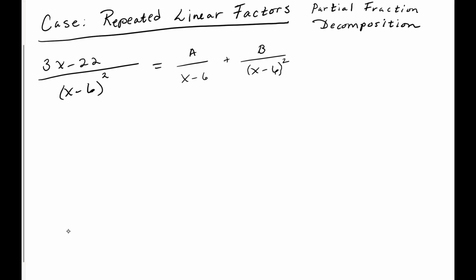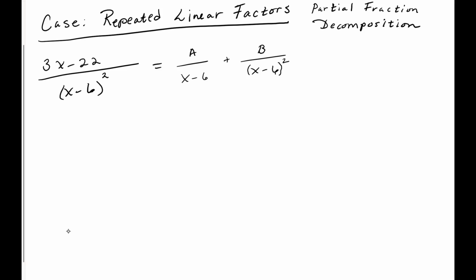So this was x minus 6, so the number on top is just A. If it was something like x squared minus 6, then this would not be A, it would be Ax, and then you'd have to add in another component, let's say C. But that's a story for another time. There's going to be another video, the third case rather, where you're going to figure that one out. So we'll save that for later. All right, but let's take a look at this one.